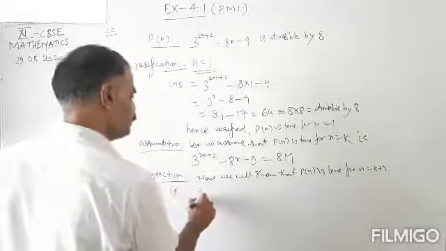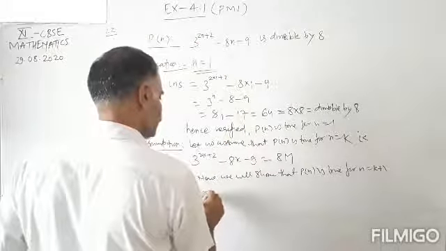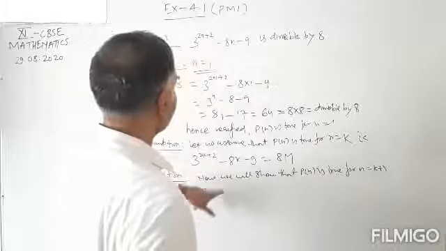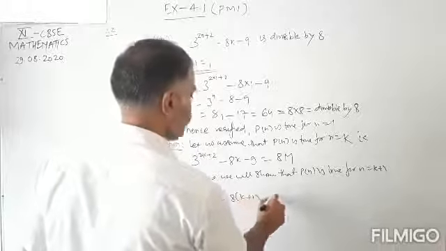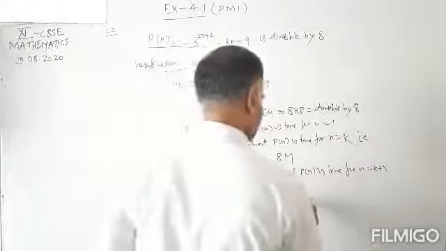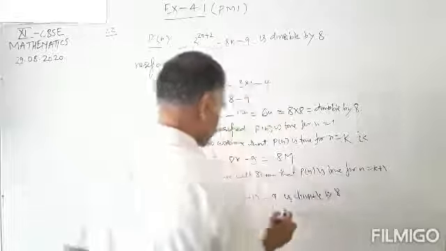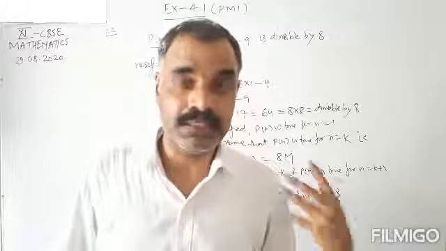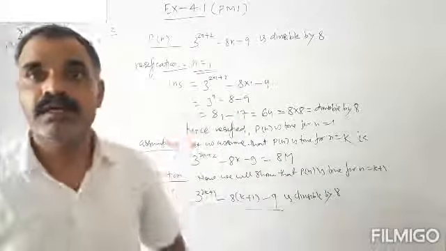Putting n equals k plus 1, we have 3 to the power 2k plus 4 minus 8 into k plus 1 minus 9 is divisible by 8. This mathematical statement is our target, and we have to show that it is a multiple of 8.